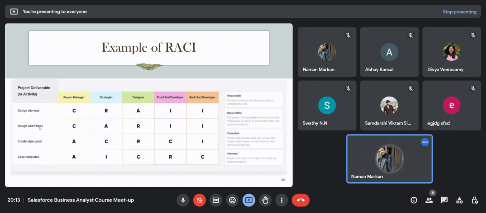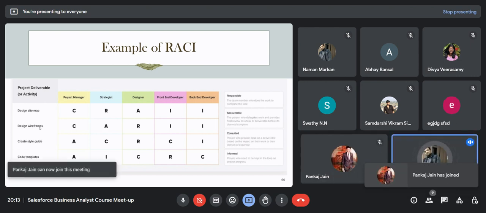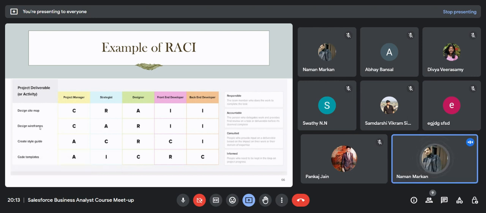RACI gives you the ability to understand who the persons are who are responsible, who are accountable, and who are delegated work and have a final review of a particular task or deliverable before it is completed. These are the people who are accountable for any kind of process. People who are responsible have to ensure that each and every task is completed.